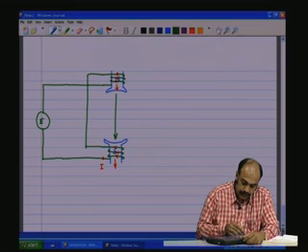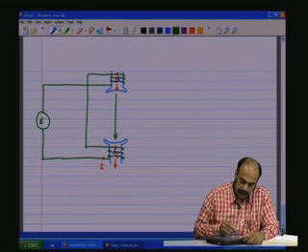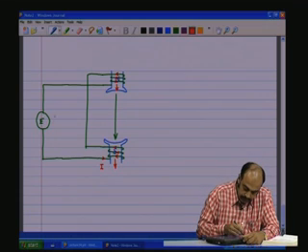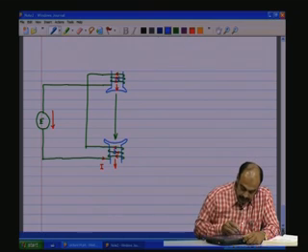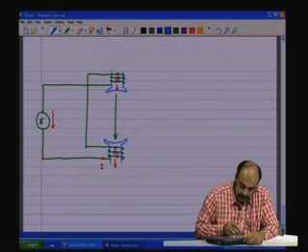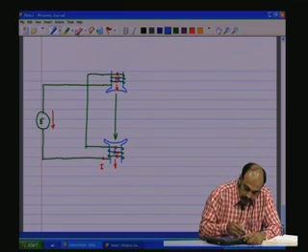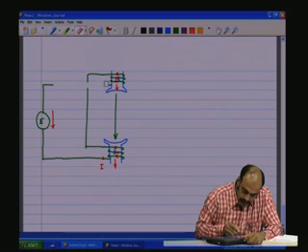So, now this source sees an inductive reactance because of the coil, and this is going to pump a current in this direction as shown. It comes in this fashion, sorry, a slight error in the connection here.